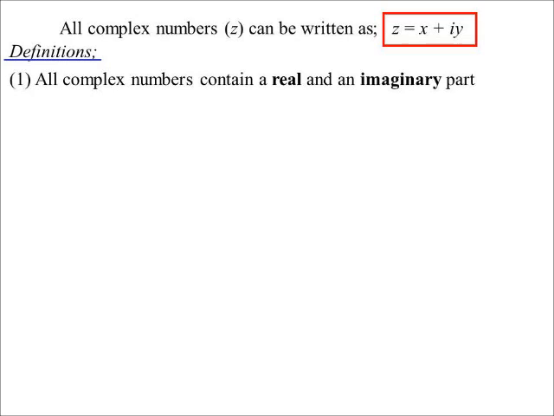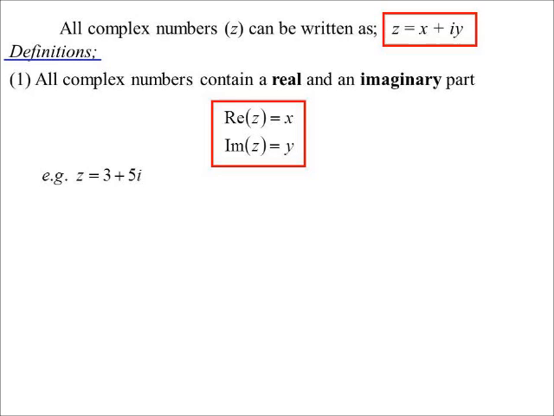And I said before that you've been dealing with complex numbers all your life. You have. You've been dealing with the ones where the imaginary part is equal to 0. And that's real numbers. Okay? But the imaginary part can, of course, have a value, and there's this whole host of other numbers that we haven't played with. So x in this one would stand for the real part, and y is the imaginary part.